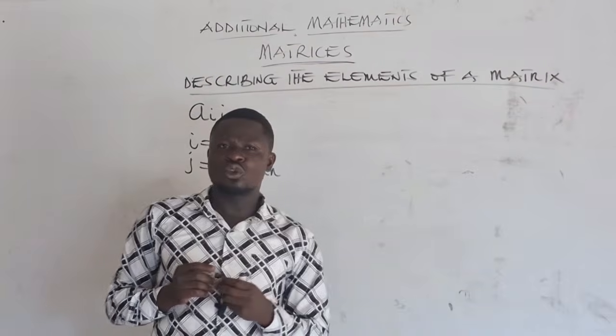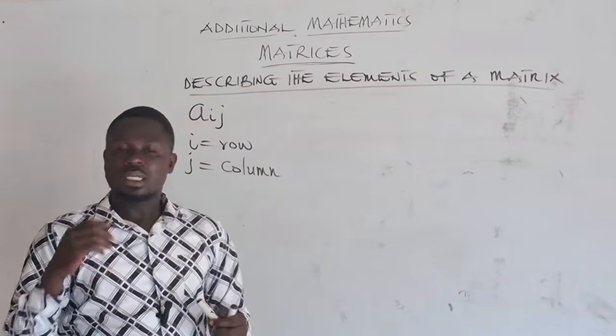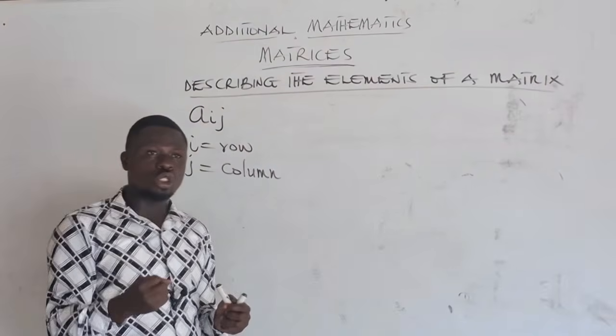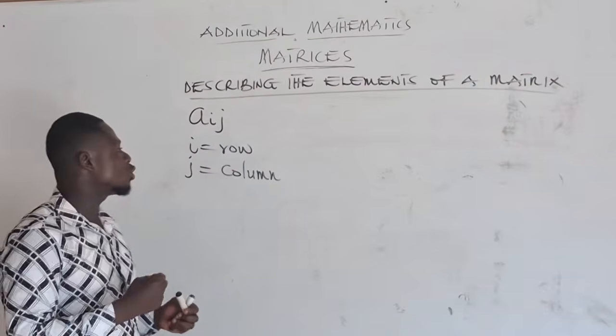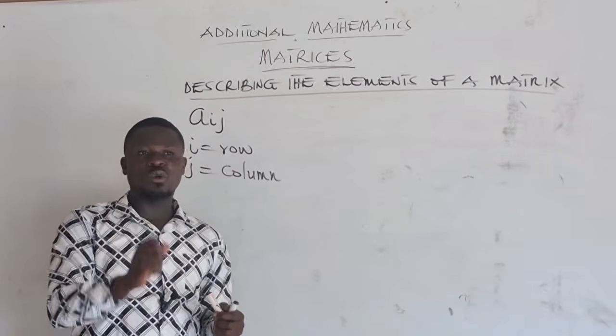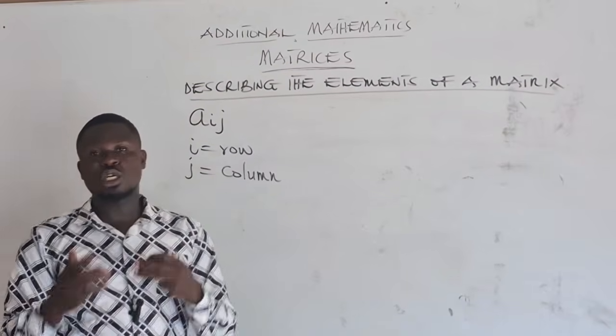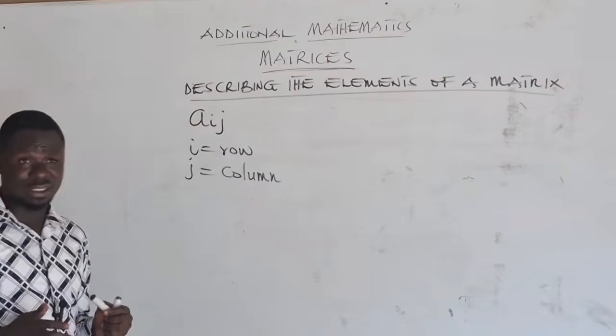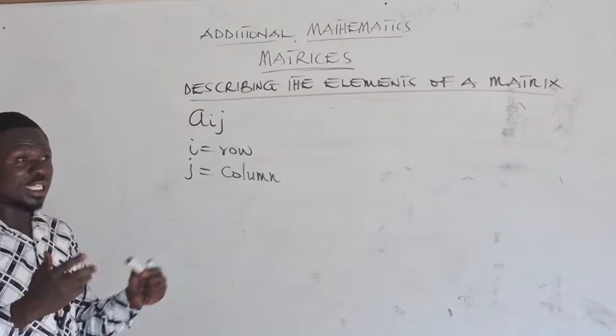So in order for you to know a particular element of a matrix being referred to, you should be able to know the row in which it falls and the column in which it falls. Now let's use this example to explain it.